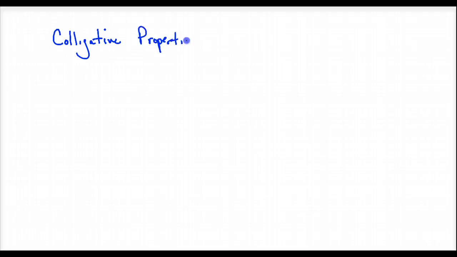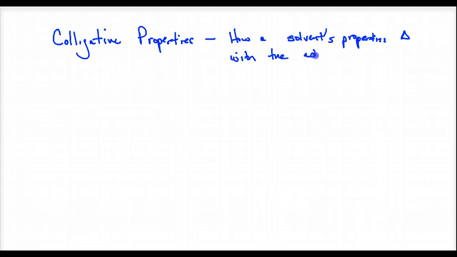In this lecture, we'll be discussing the basics of colligative properties. Let's start with the term colligative. Colligative means many, and in terms of chemistry, colligative properties means that we're discussing the effects of how a solvent's properties change with the addition of solute particles.